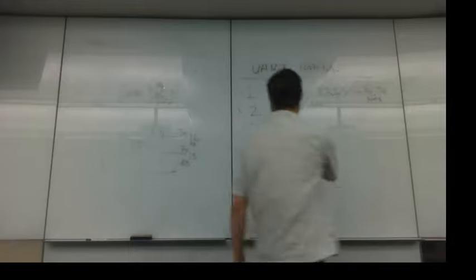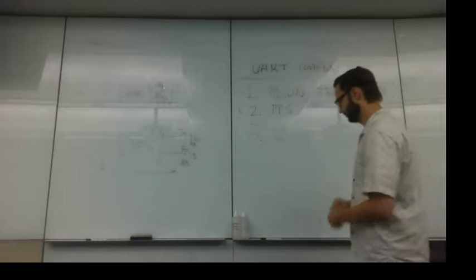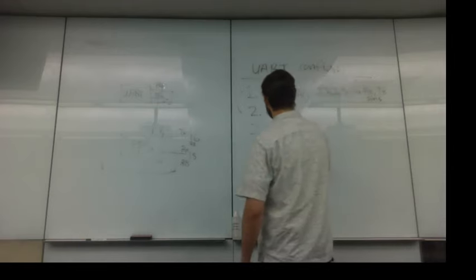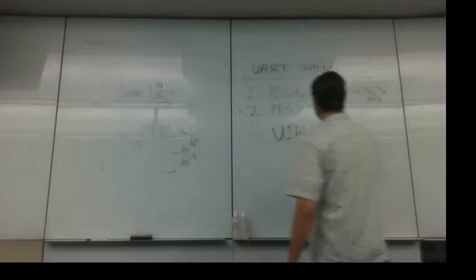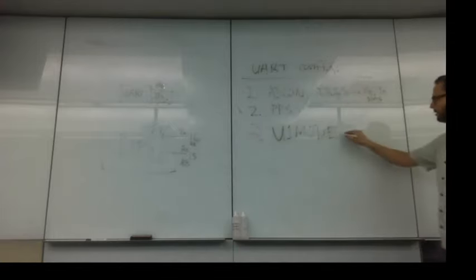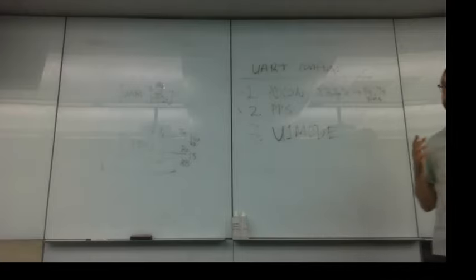So the first thing we probably want to do is write the U1MODE register. And that will set up the baud speed, the parity, or basically just the parameters for RS-232.